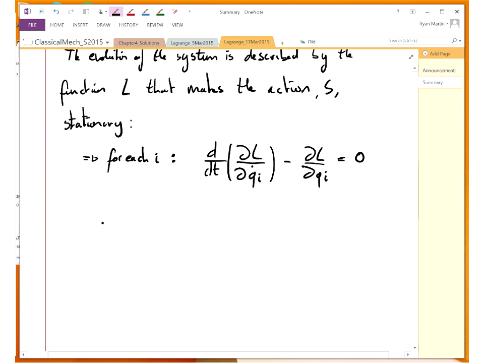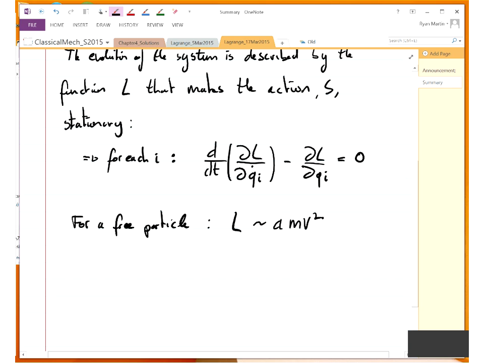And we found that for a free particle, L was going to be proportional to some constant times the square of the velocity of the particle.